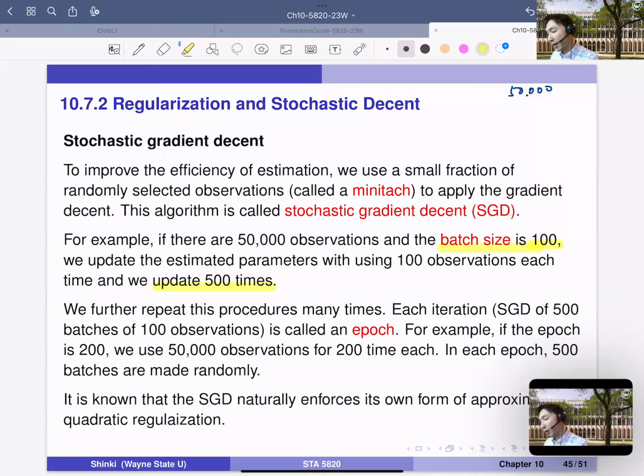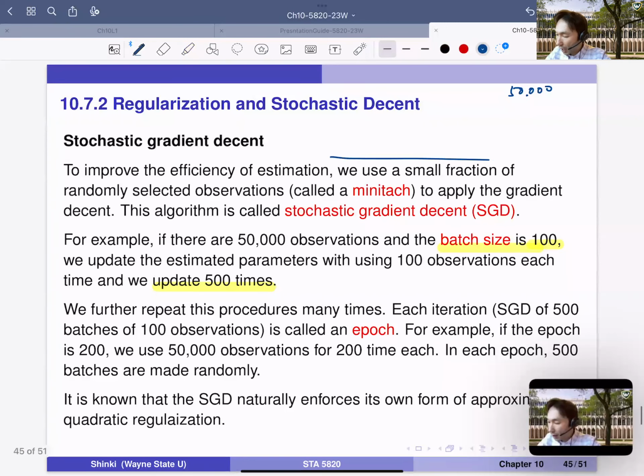I'm not an optimization person, so I don't know exactly why this works better than gradient descent. But usually when we optimize the function, reaching a local minimum, not the global minimum, is a problem. And if we have some noise, then sometimes we can go out of the local minimum.